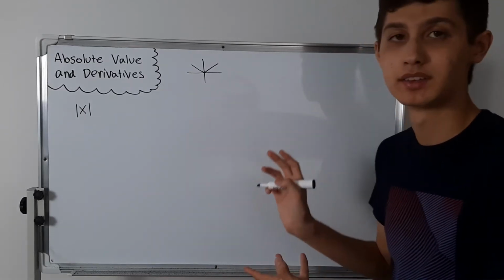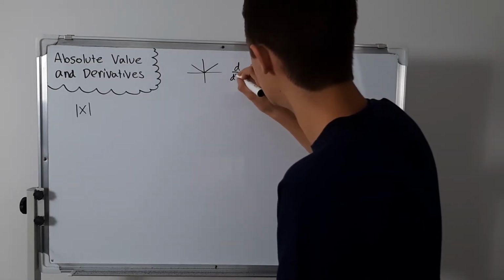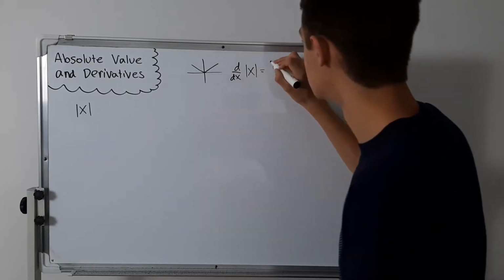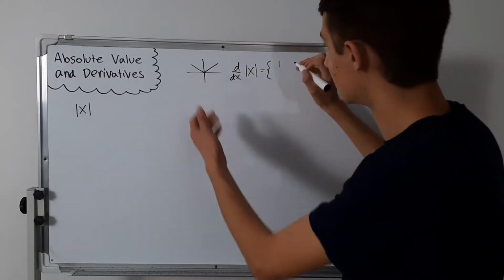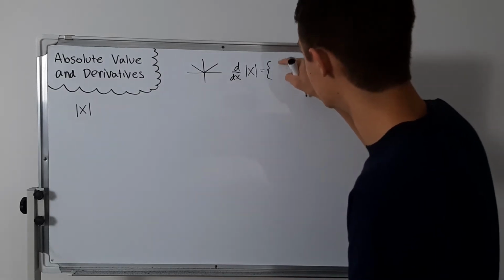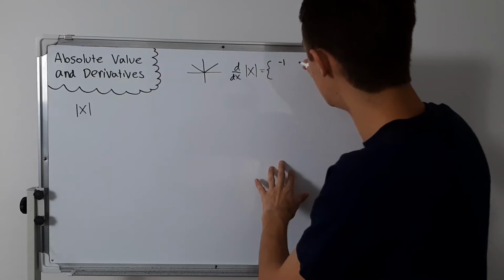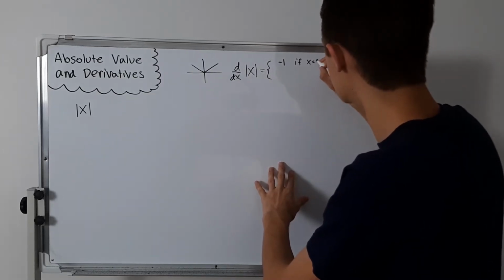It's more of a piecewise definition, right? So you could think of the derivative of the absolute value of x as a piecewise definition. Actually, let me do it from left to right. We have -1 if x is less than 0.